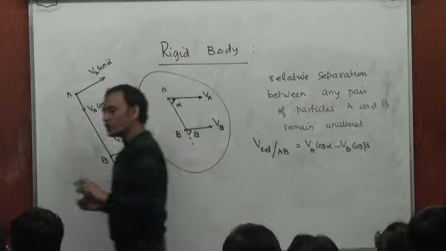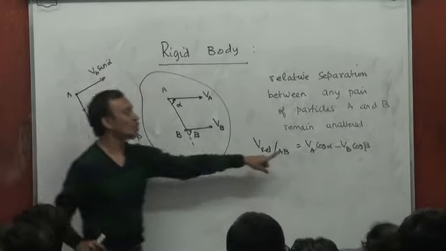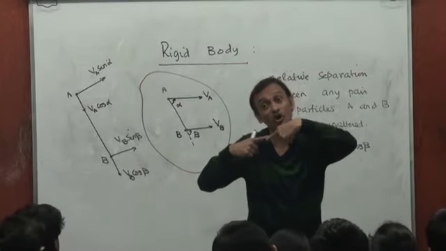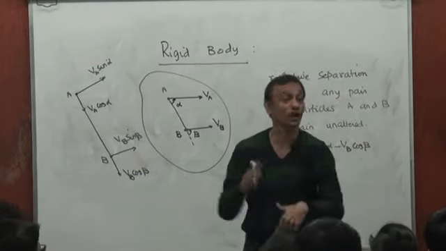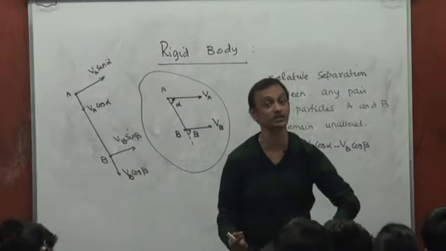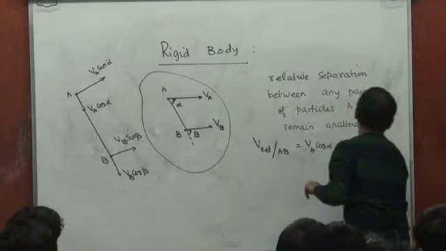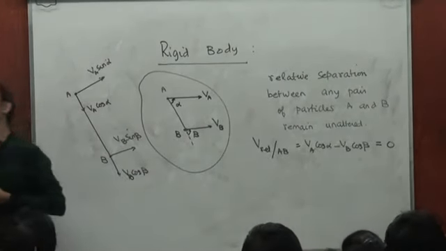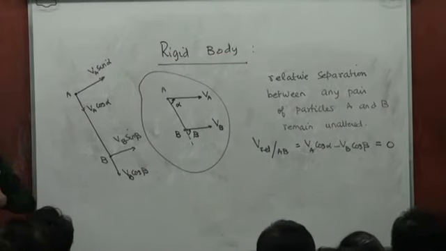Hey, if it's a rigid body, and if this velocity is not zero, then the distance between A and B would change with time. And therefore, a necessary requirement for it to be a rigid body is that the relative velocity along the line joining the two must necessarily be zero.